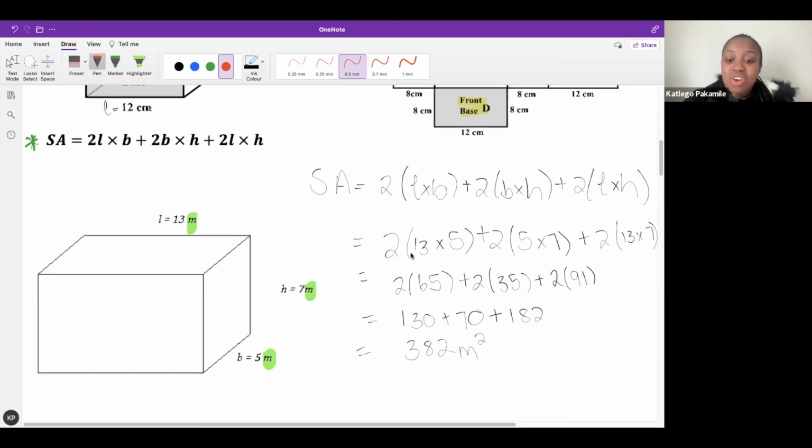So write as many. You don't have to write as many as I did, but you must write as many as possible. The substitution step is always a very good idea to write. So this one, where you write what's your length and what's your breadth, what's your height, and all of that. Then you can skip to wherever. But I want to see the step.